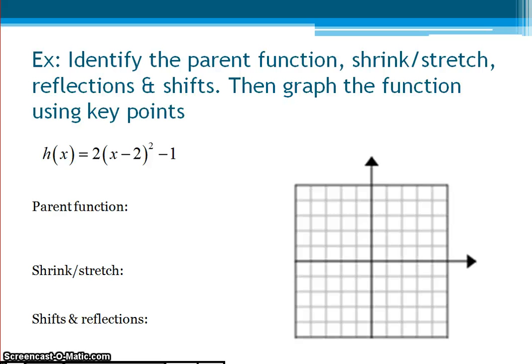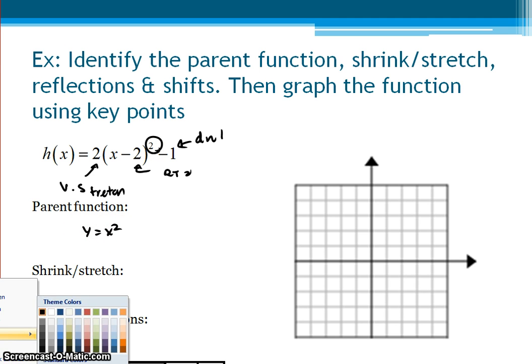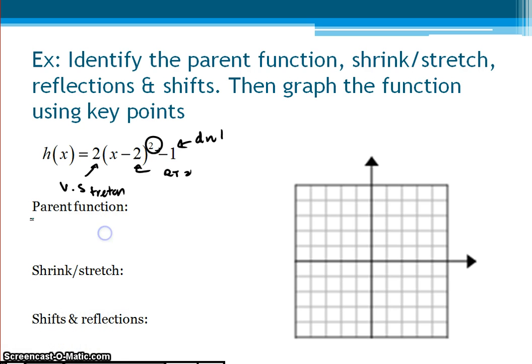Okay, so this 2 out front tells me that we are going to have a vertical stretch. This 2 tells me it's going to go right 2, and this 1 tells me it's going to go down 1. And that tells me if the parent function is y equals x squared, I'm going to switch my color so I can do it clearly.